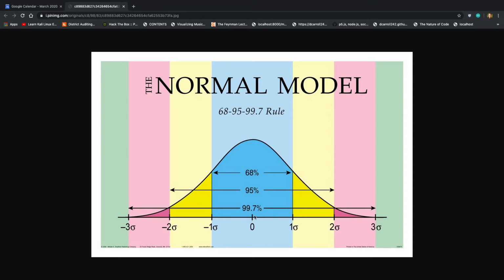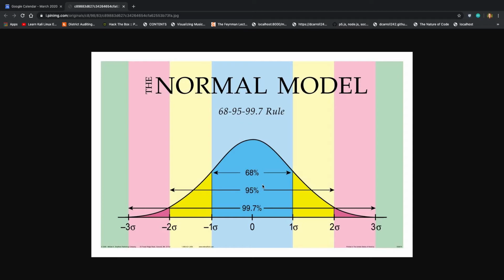Within one standard deviation, from -1 to +1, approximately 68% of the data fits inside of here.